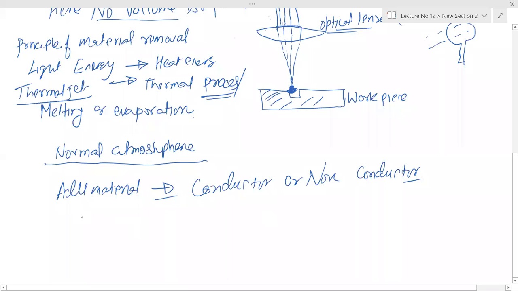And if somebody asks you what the tool is here, you can say it is a high power laser beam. That is our tool.